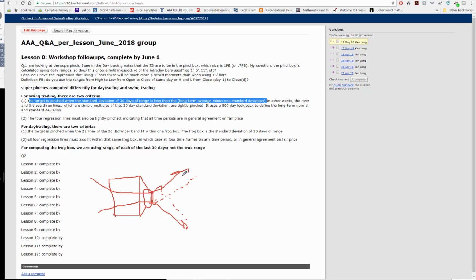Now what we've discovered is that if that thing is going to work without a head fake, then it doesn't reverse itself quickly. But there are some times when we have our little frog box here, and our Z3 lines have compressed tightly. What will happen is price will make a little head fake and then quickly reverse and go the other way. So in other words, it has traversed this entire Z3 to Z3.